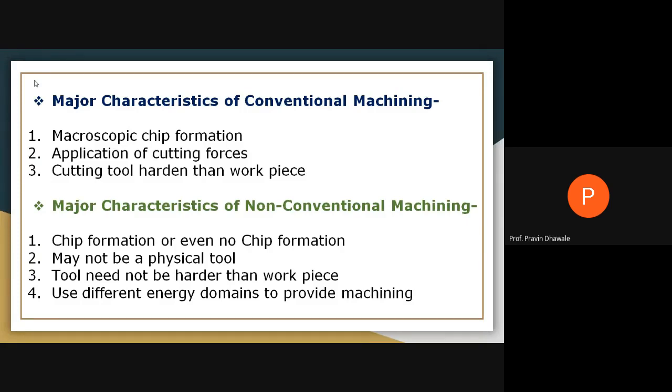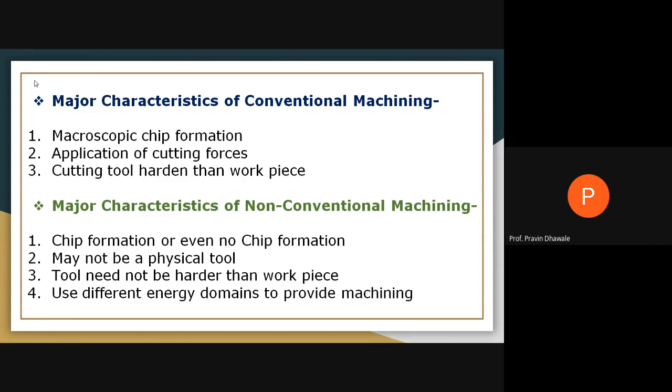In a non-conventional machining process, we require different forms of energy, direct and indirect forms of energy, in order to carry out the machining process. Means, in case of the non-conventional machining process, these are the major characteristics that show that such kind of machining processes come under the category of non-conventional machining. Which are those? There will be no formation of chip. Tool may not be required.